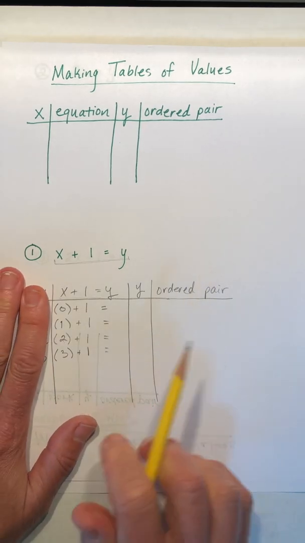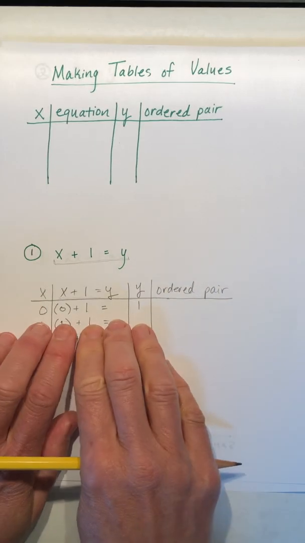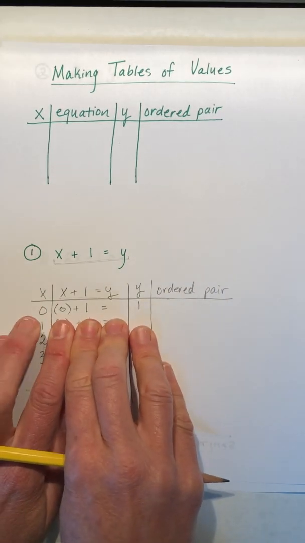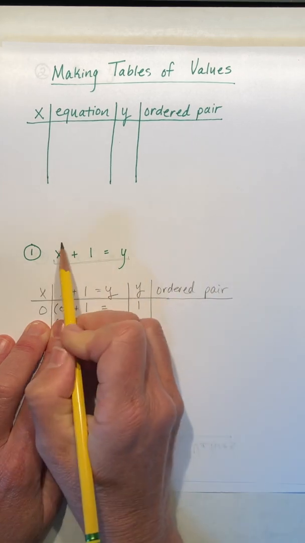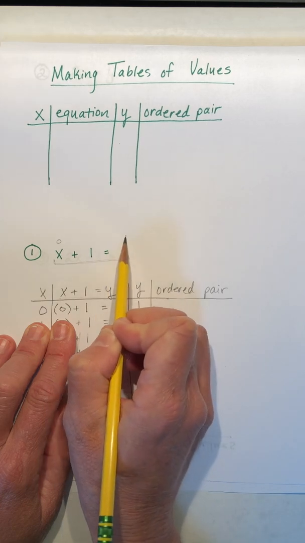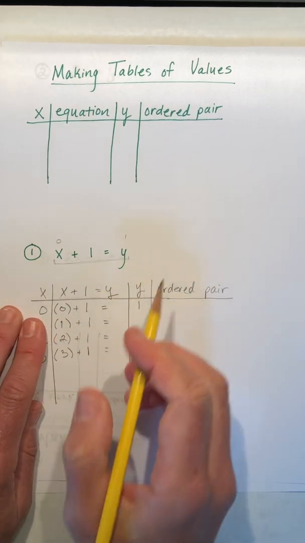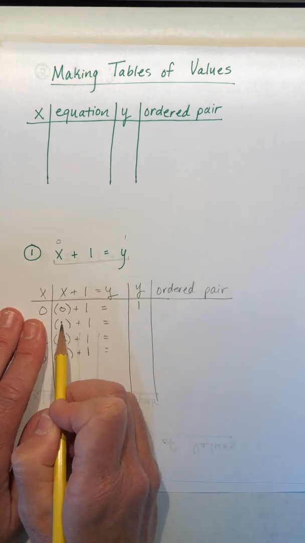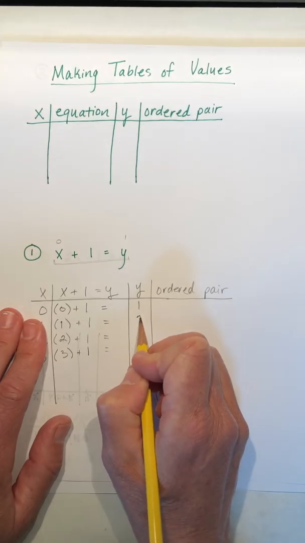So 0 plus 1 equals 1. So what does this mean? It means that when x is 0, y is 1. When x is 0, right, 0 plus 1, y would be equal to 1. Let's look down here. So when x has a value of 1, 1 plus 1 is 2.